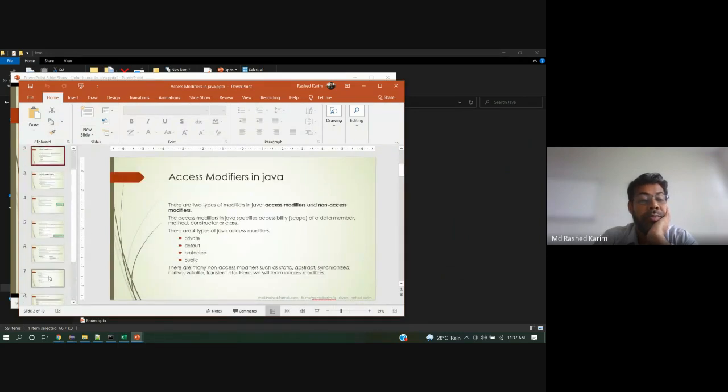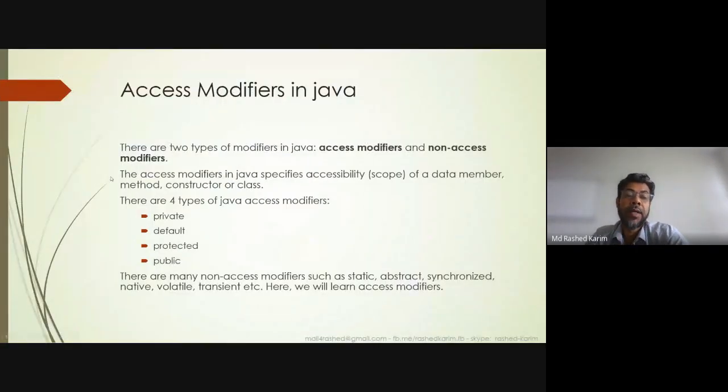See, there are 4 types of access modifier: private, default, protected, and public. So private is totally private to inside the class. Nobody can get access, even the children, because it is the private property of the parent, like knowledge: you cannot inherit the knowledge from your parent.